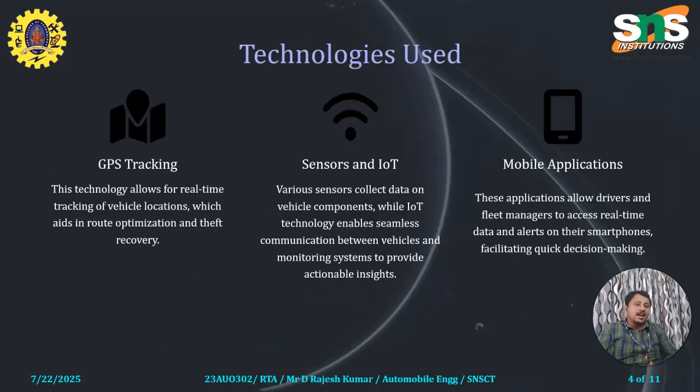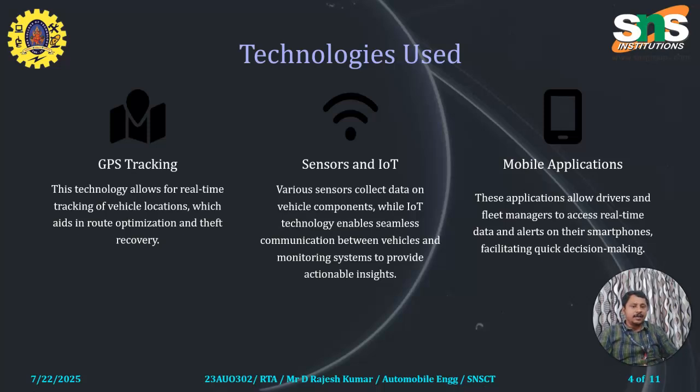There are different technologies used for monitoring. One is GPS tracking. As I already told you, it tracks the real-time position using the global positioning system. Then sensors and IoT. Then mobile applications. Nowadays vehicles are built with mobile applications, so there can be multiple drivers of the same vehicle.